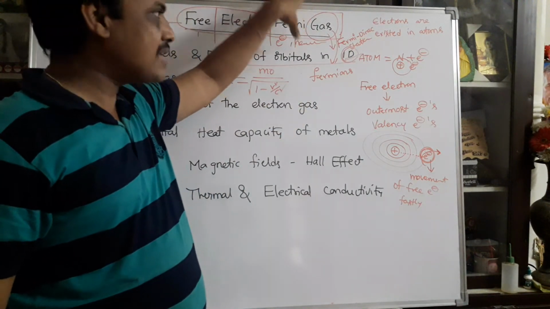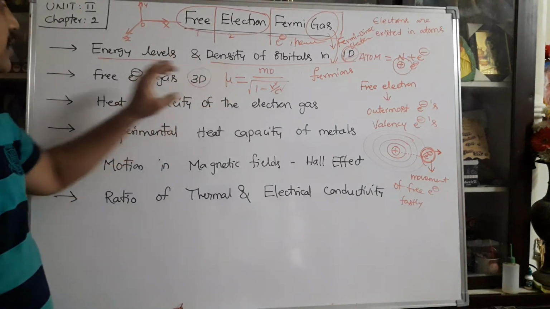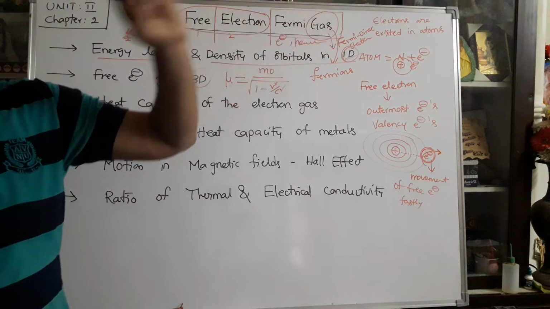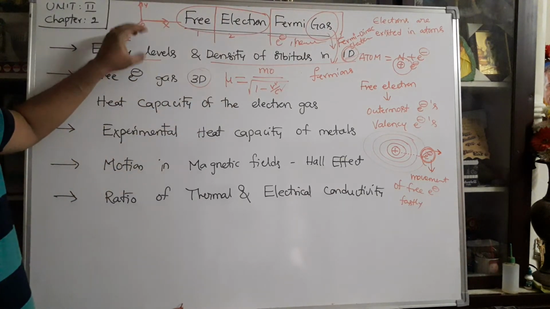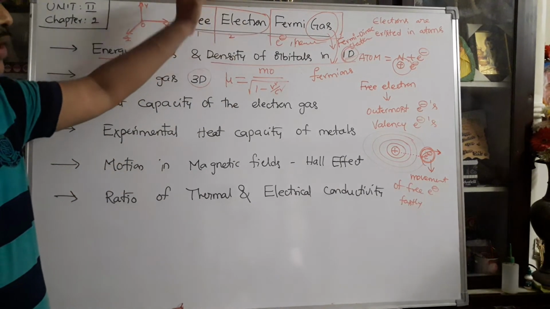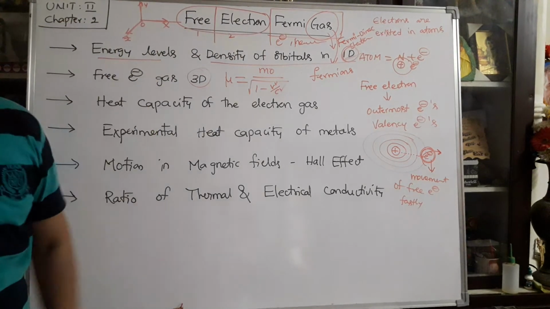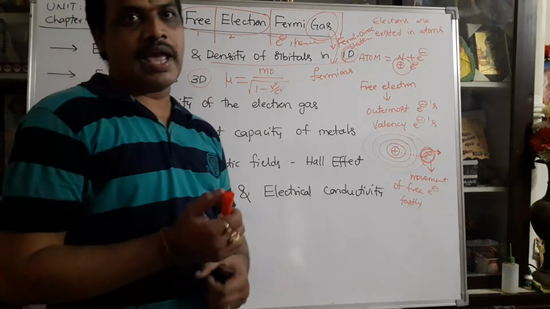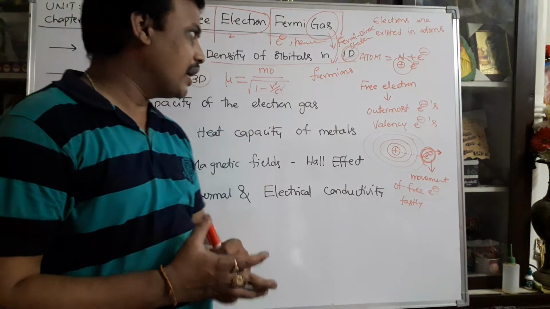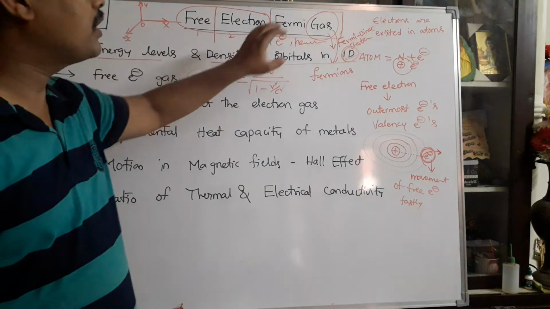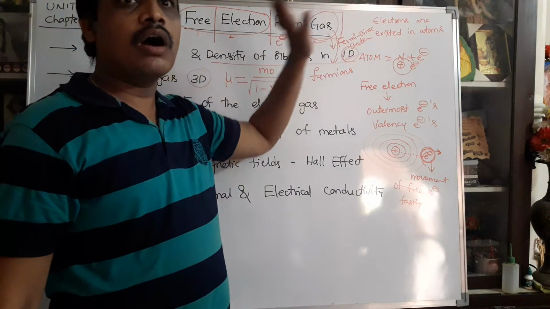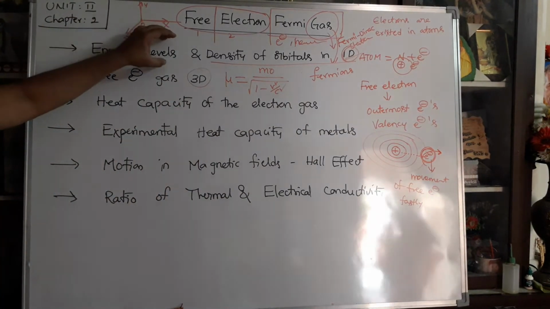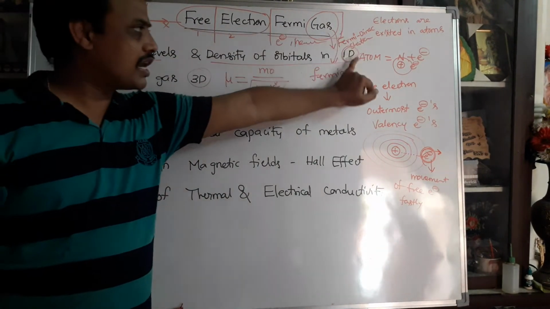In the Fermi gas, the properties can be explained with respect to energies: ground state, first excited state, second excited state. In that way, from the energy levels point of view, how many electrons or how much Fermi gas exists with respect to the energy levels, what is the density of the electrons, and how many fermions exist can be explained. That can be explained along either the x, y or z direction. That topic belongs to Fermi energy levels and density of states in one dimension.